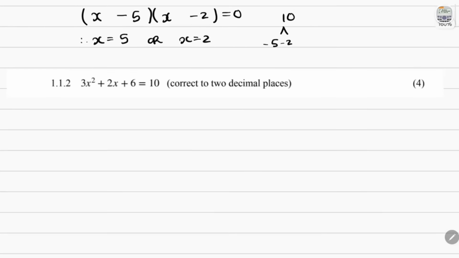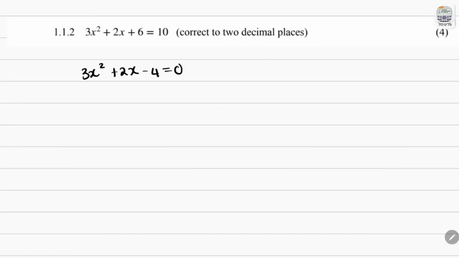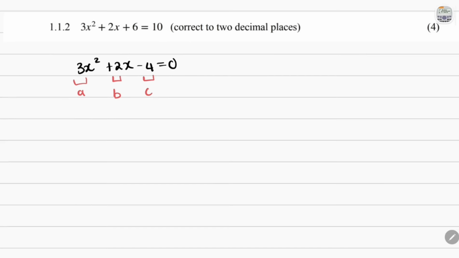The next question has another quadratic equation, but they say correct to 2 decimal places, so we know we have to use the quadratic formula. It's not in standard form yet, so let's transpose that 10. So 3x squared plus 2x, and then what is +6 minus 10? That gives us -4 is equal to 0. Now we can see the value of a, b and c in this quadratic equation.